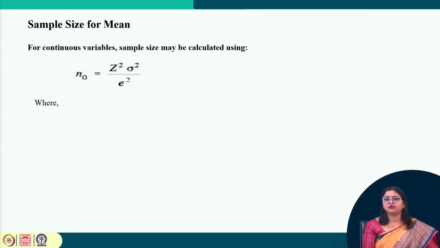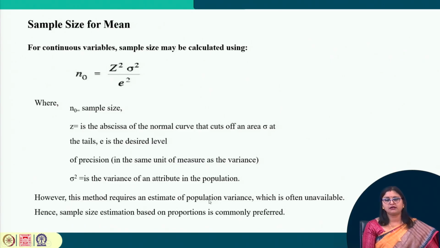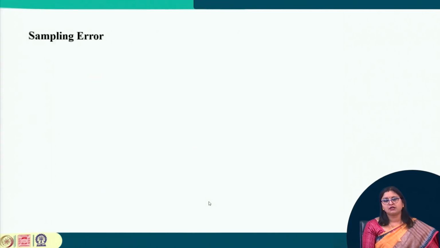Sample size may be calculated by using n 0 is equal to z square into sigma square upon e square, where n 0 is the sample size, z is the abscissa of the normal curve that cuts off the area of alpha at the tails, e is the desired level of precision in the research, and sigma square is the variance of the attribute in the population. So, this formula can also be adopted, but the previous formula is very popular in the field of education.